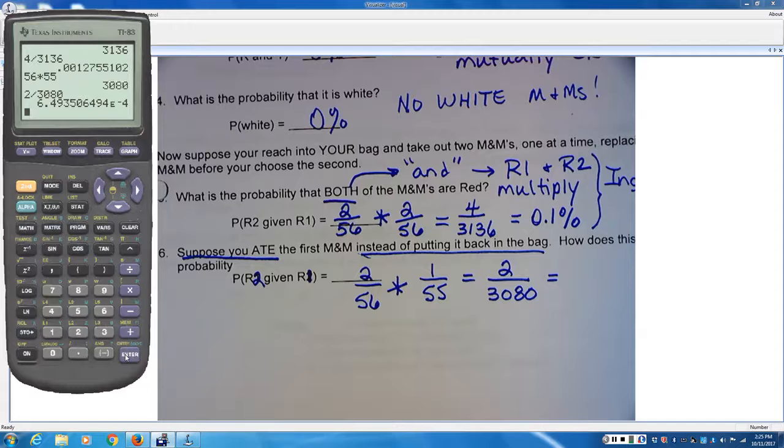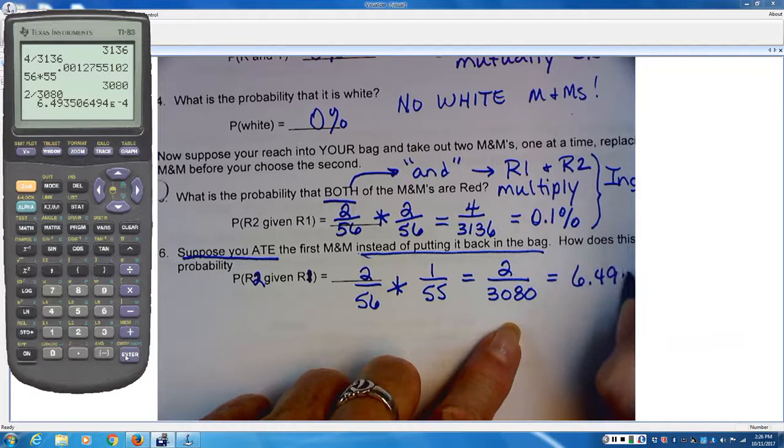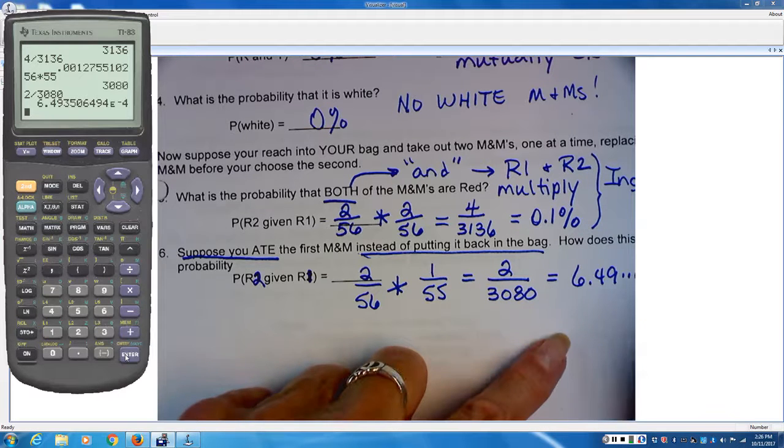Now that number, folks, is scientific notation. And if you write on your paper 6.49 and keep on going, or worse yet, 649.3, I'm going to mark it wrong and I'm not going to bat an eyelash because you know probability can't be 649 point something percent. You have to read all the way to the end. 6.49 and so on times 10 to the negative 6, or negative 4, I'm sorry.